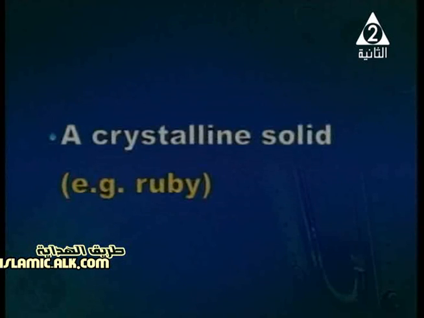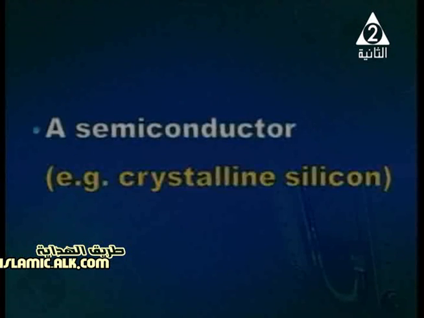a crystalline solid, for example, the active medium found in ruby laser. It could be a semiconductor, for example, the one found in crystalline silicon.